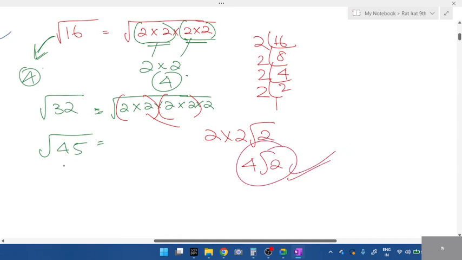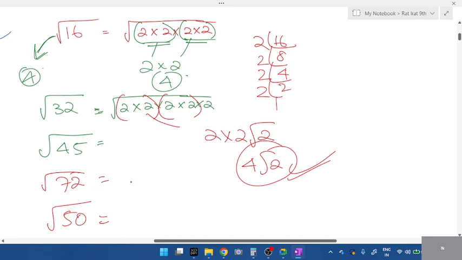Good. In the same way, I want you to complete root 49. Sorry, 45. Next, try these three questions. Already I've given 32. Let me give you a number: 3, 3, 9. Three questions.